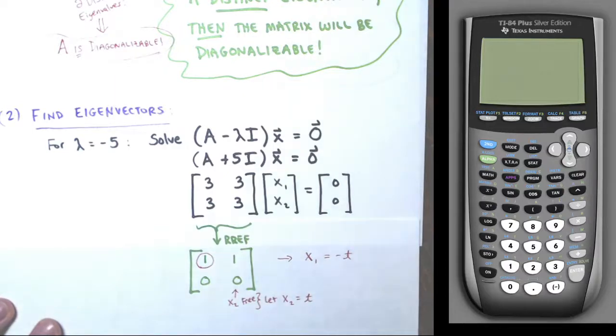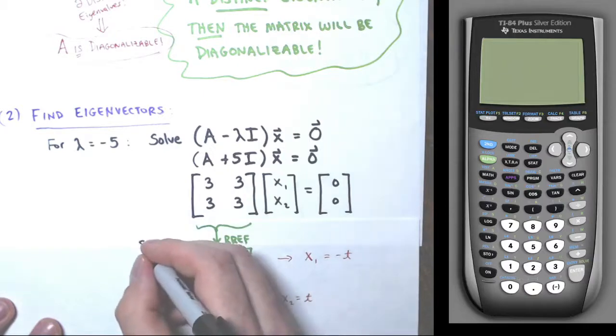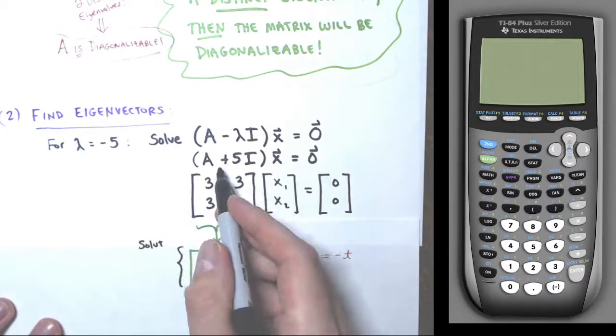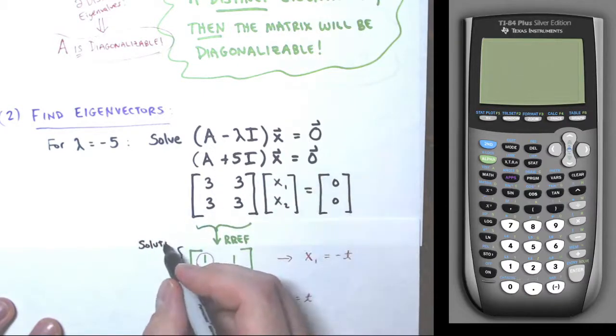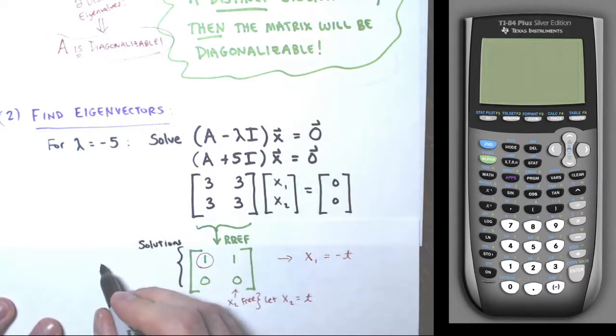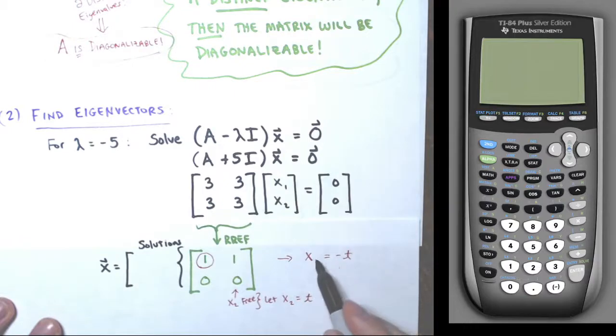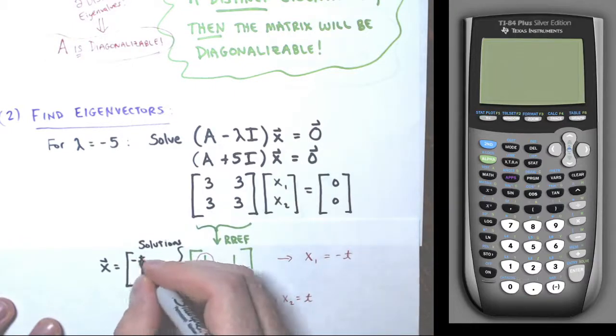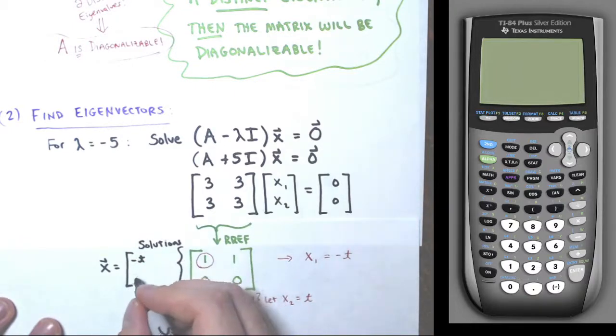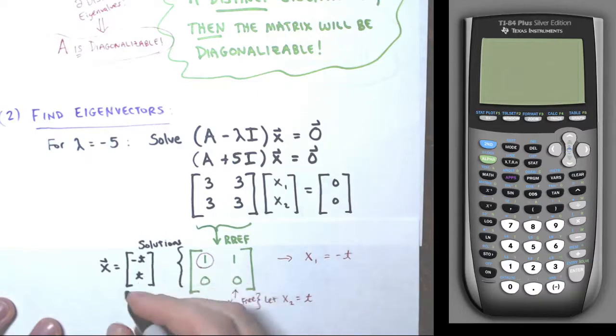Putting those together, I'm getting the solutions of the equation A plus 5I times x equals the 0 vector. I can replace vector x with any vector that looks like this, where the first component, x1, is -t, and the second component, x2, is t. Or just t times the vector (-1, 1).